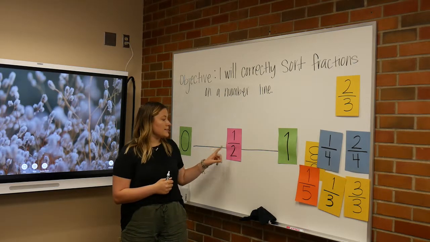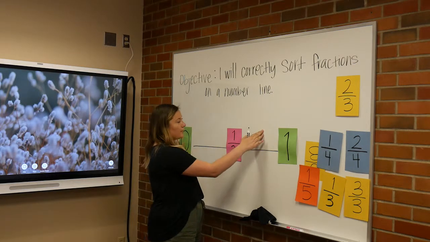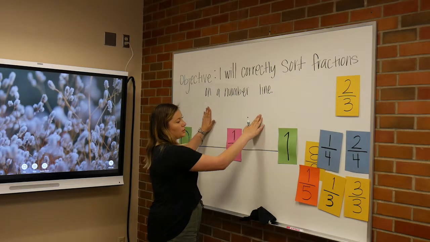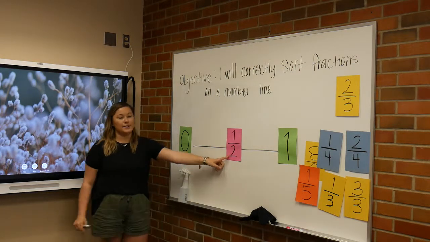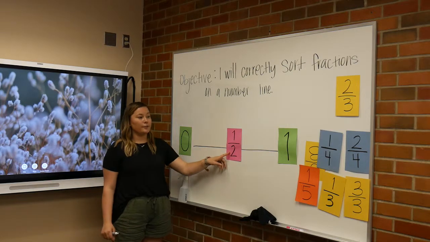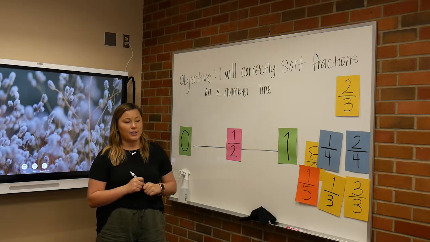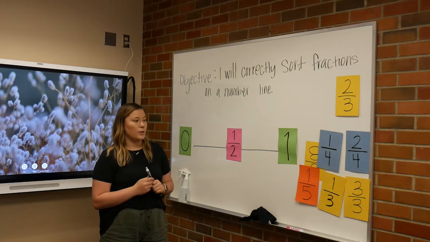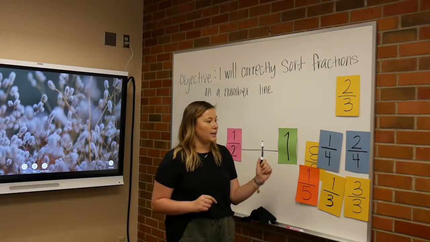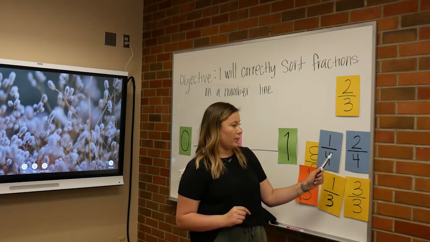So if this is half of it, and we have one part and another part, that's 1, 2, that makes the denominator part of the fraction. So if we're going to split up into 4 parts, what should we be looking for in the denominator? A 4. So we have 2 here. We have 1/4 and 2/4.